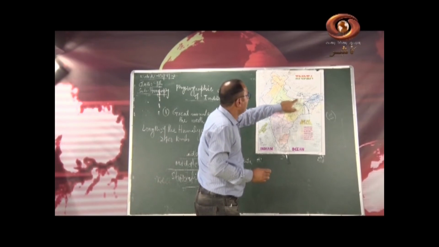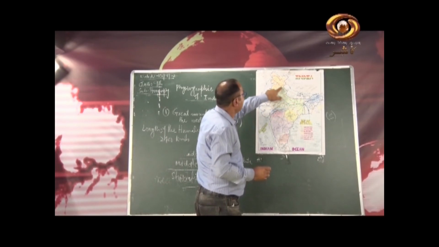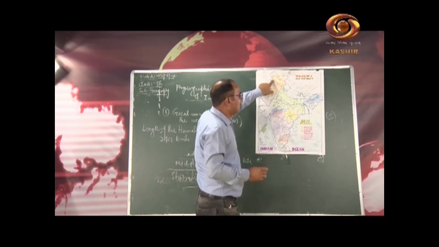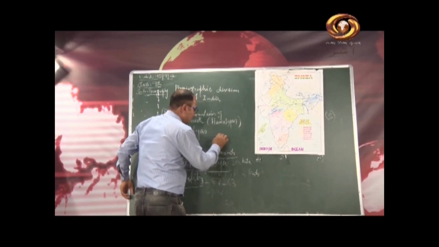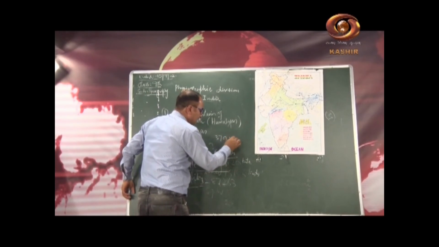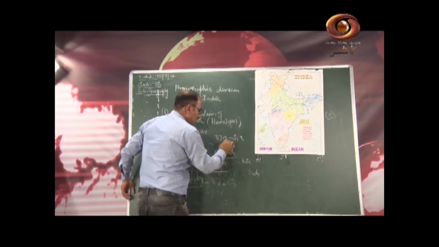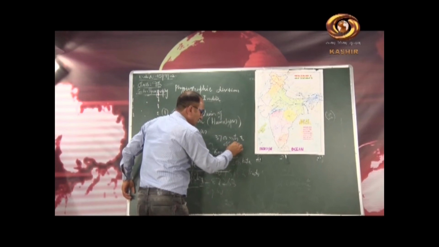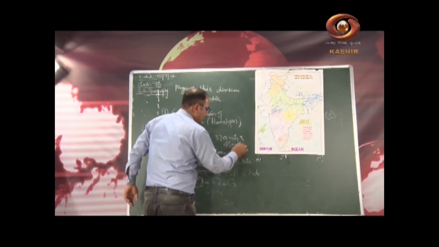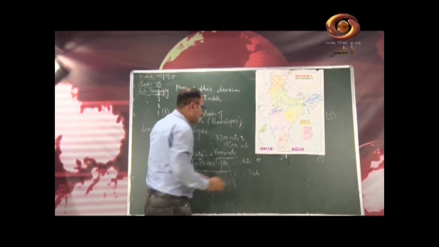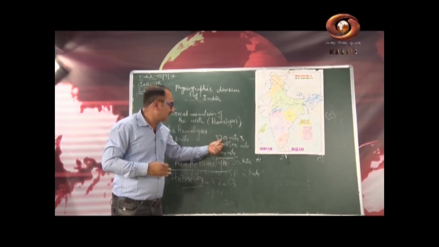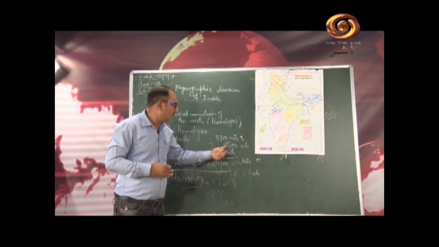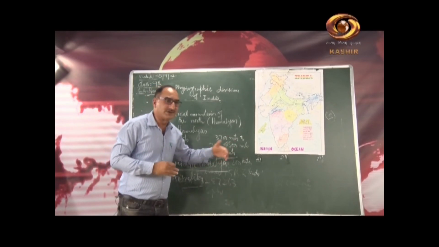In the middle Himalaya, the height above sea level is 3700 meters to 4500 meters above sea level.